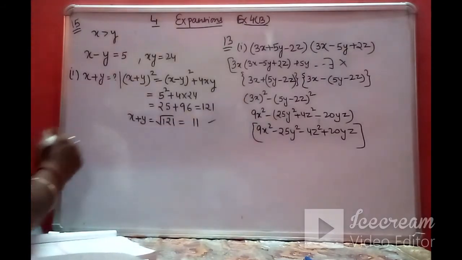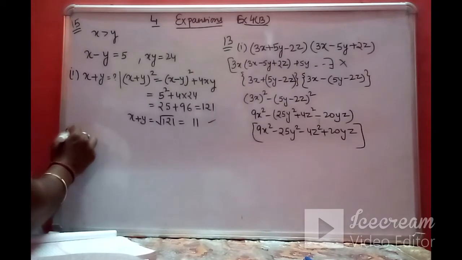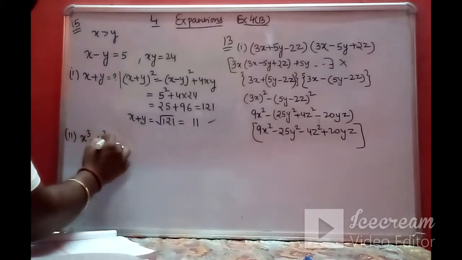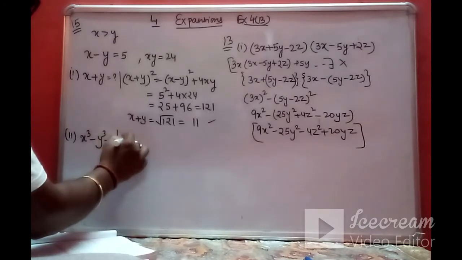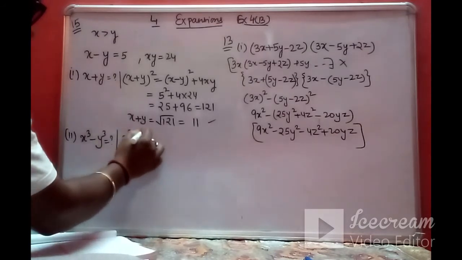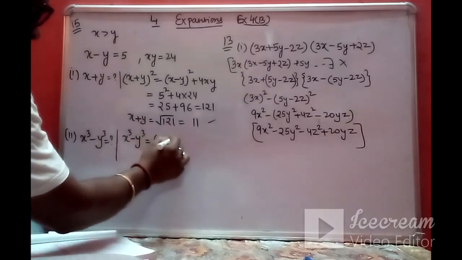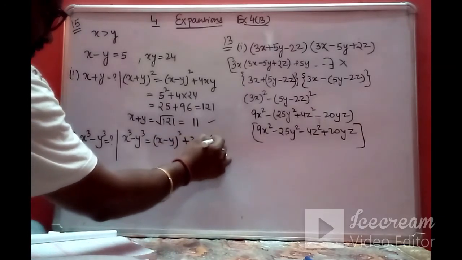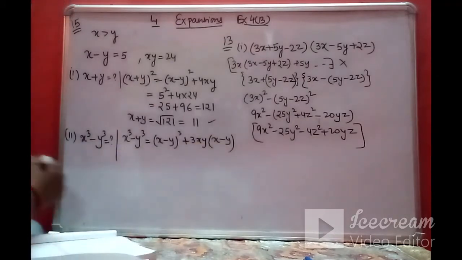Then second, we have to find the difference of their cubes, that is x cube minus y cube. Again we will write the formula: (x minus y) whole cube plus 3xy into (x minus y).